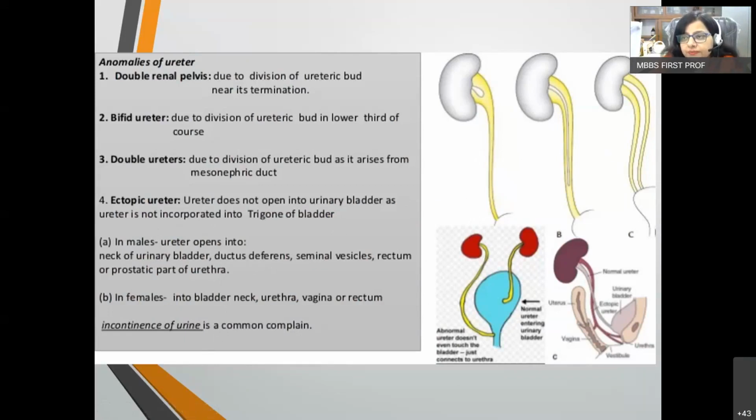Here you can see the bifid ureter could be initially at the collecting system, at the level of the renal pelvis. It could go lower down also, and two separate ureters could be seen entering the hilum of the kidney. Then the openings may also differ. That is, one is entering above, another is entering below. Fine.